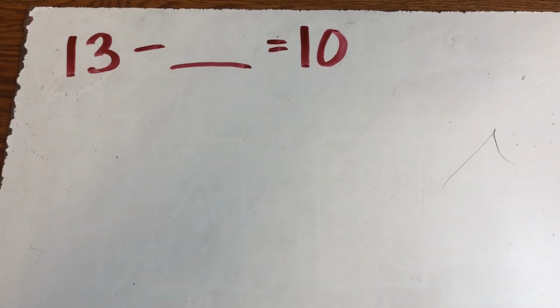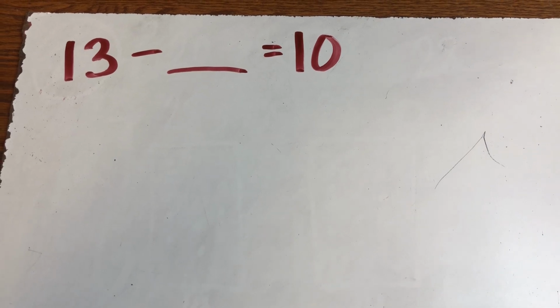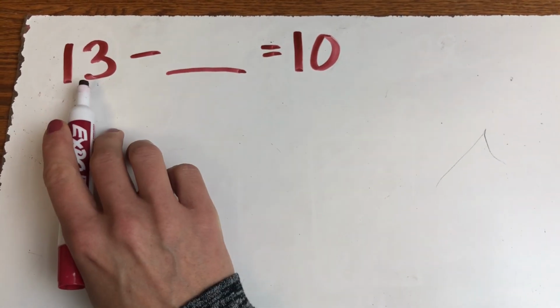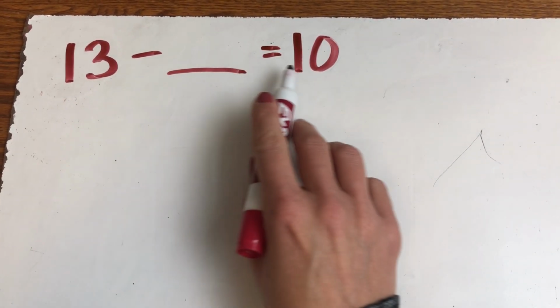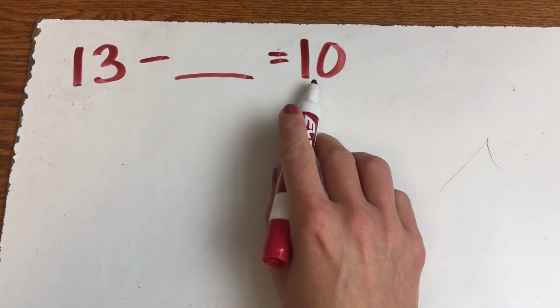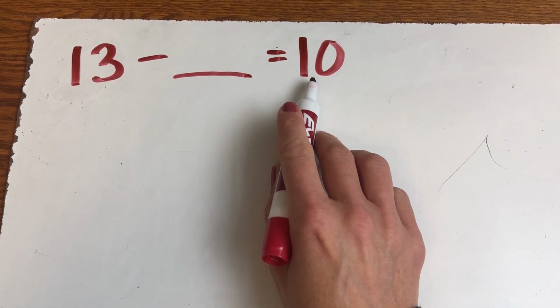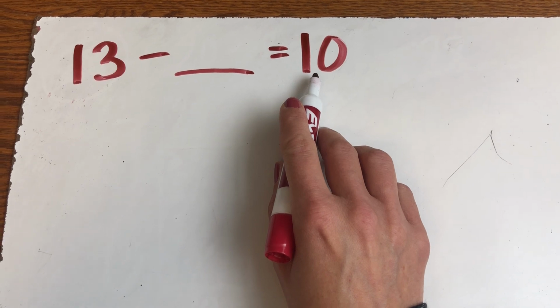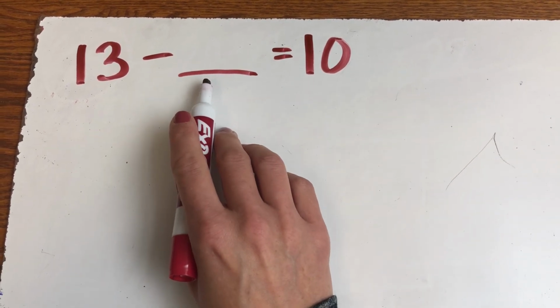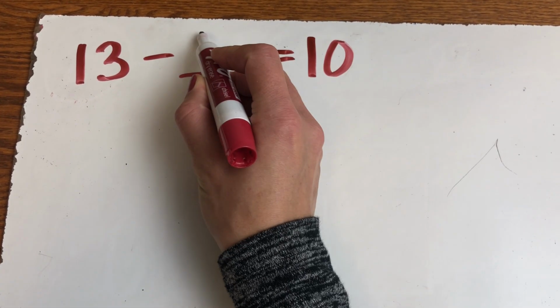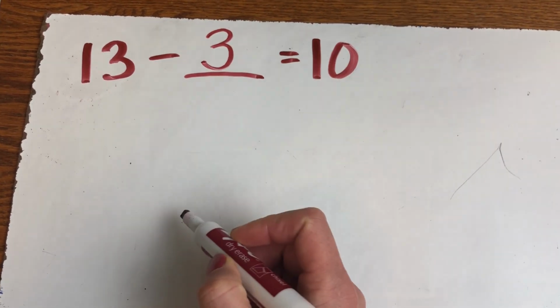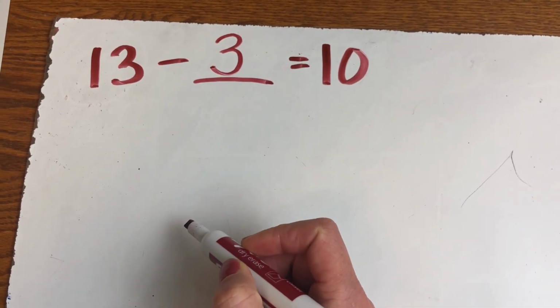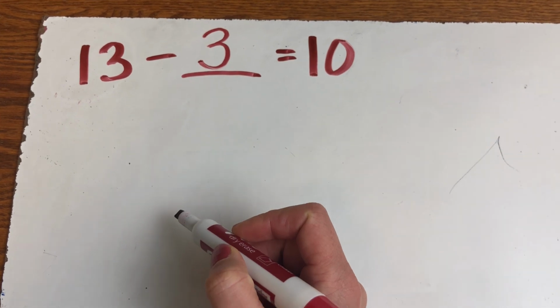Copy that subtraction sentence onto your whiteboard and think, how can I get from 13 down to 10? Yes, I hopped 3 times down my number line. 13 minus 3 equals 10. Good job. Let's try another one.